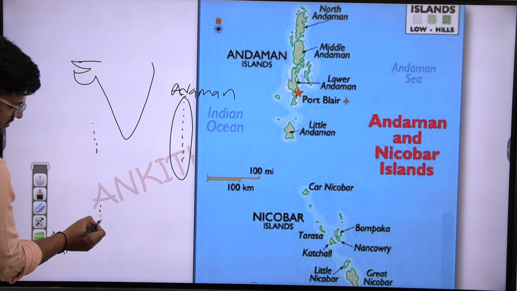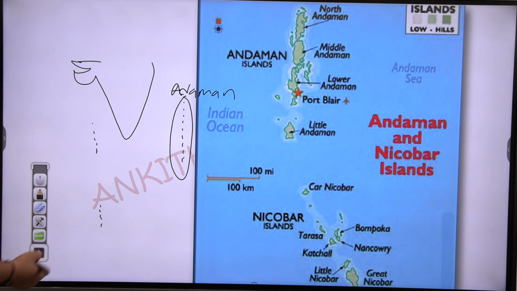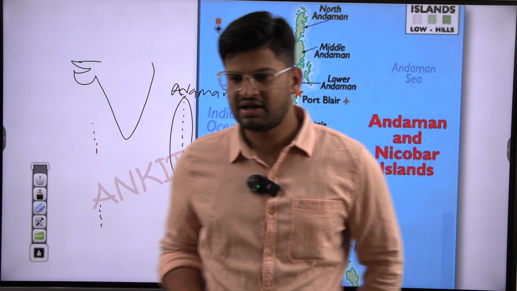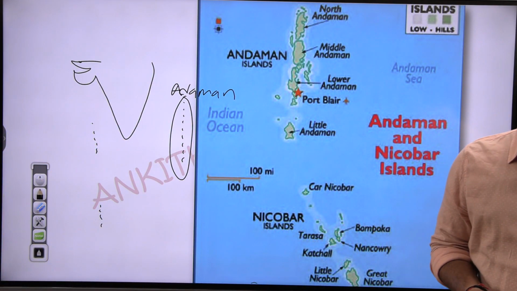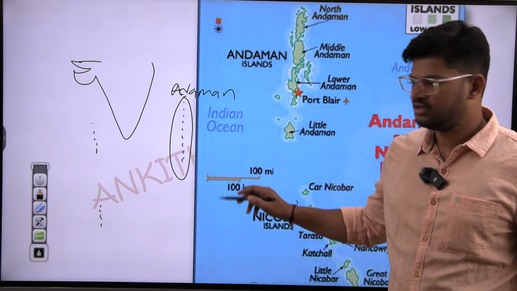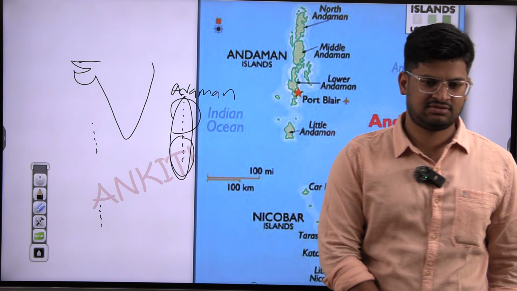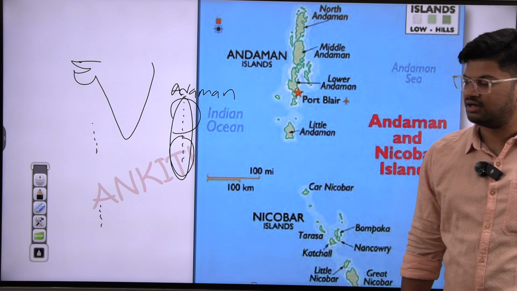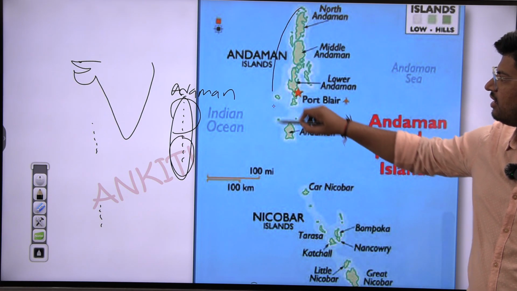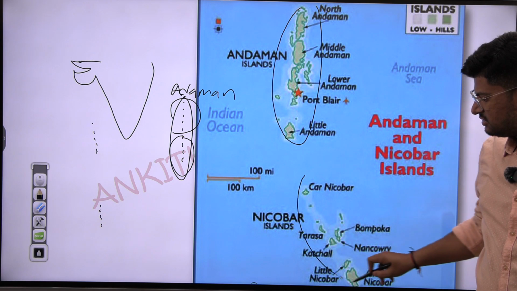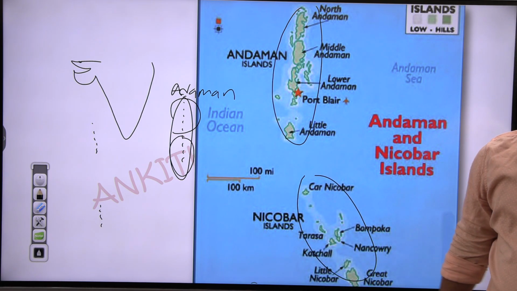And here you have Maldives, which is not part of India, but is close to India. Okay. So in the Bay of Bengal we have two groups, that is Andaman Islands and Nicobar Islands. This is Andaman and this is Nicobar.